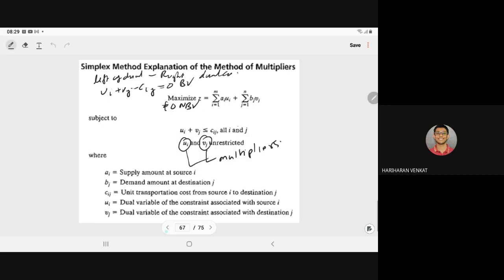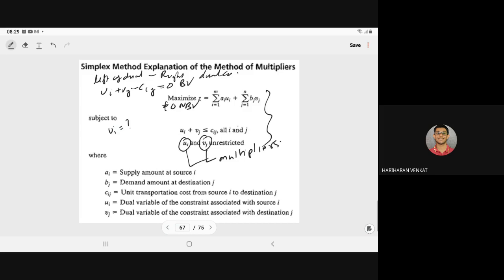If you consider any ui as any value, then we have a different set of ui and vj corresponding to our assumption. We have different sets of ui and vj, right?